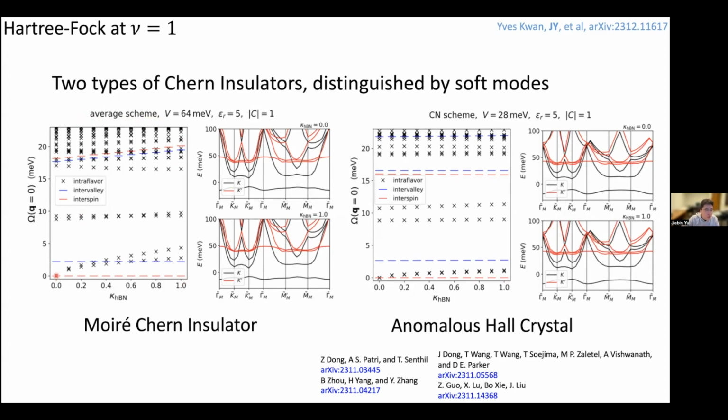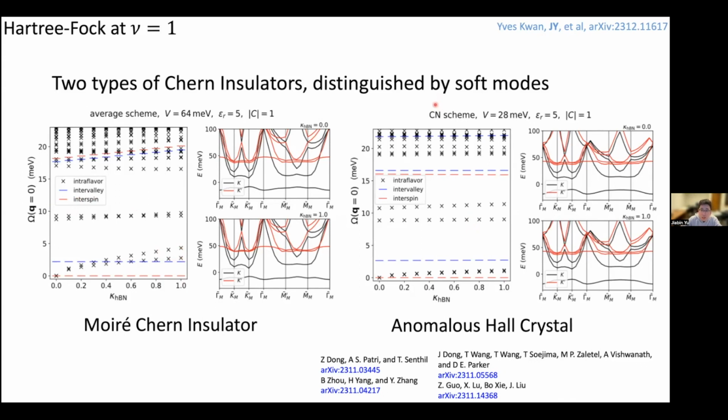So it will have 2 gapless Goldstone modes, which are the phonon modes, because we have two directions. As we turn on the single particle Moiré potential, the gap of the Goldstone mode becomes larger and larger, and eventually they are not the lowest energy soft modes, and we have some other intervalley soft modes that are lower than them.